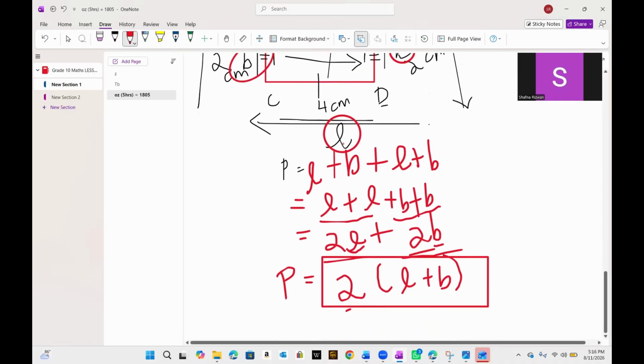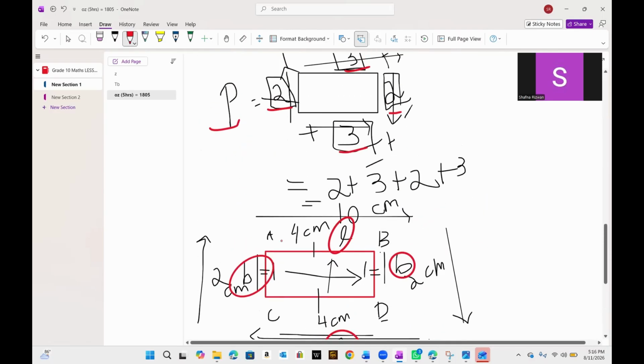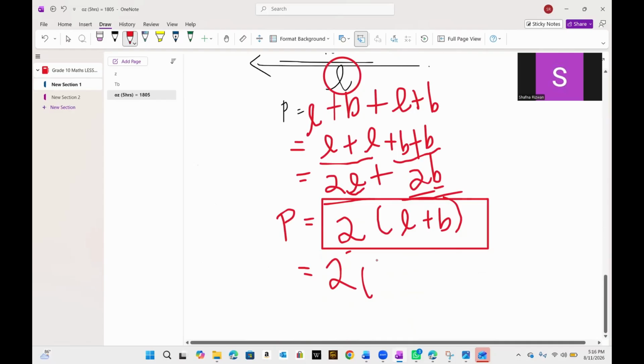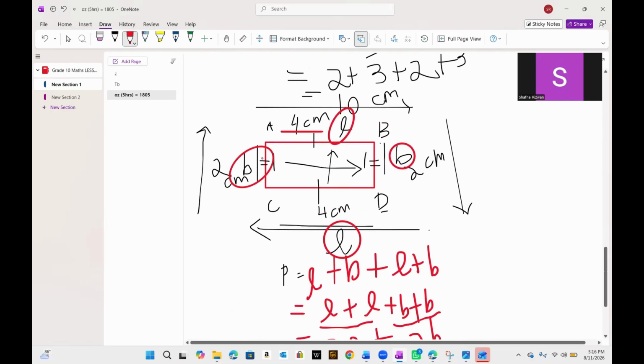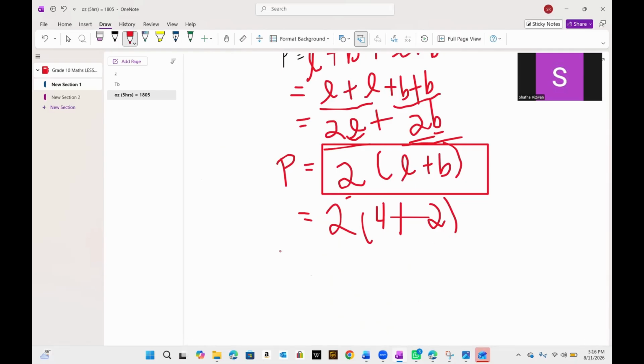Now here you don't have to keep on adding everything. We can just put the formula P equals 2(L plus B). What is the length here I got? 4 centimeter. I will put 4 here, plus what is my breadth I got here? 2 centimeter. So I will add that 2 centimeter and close it. Then, what do brackets mean, girls?